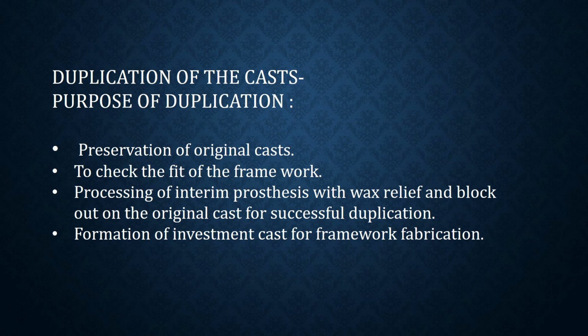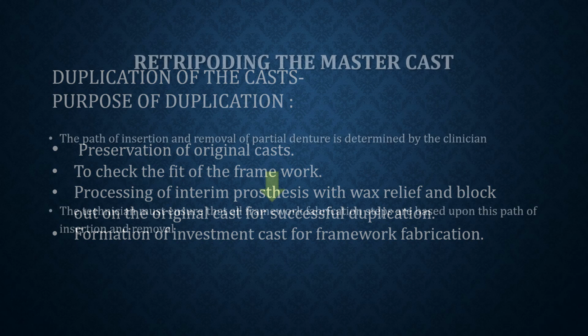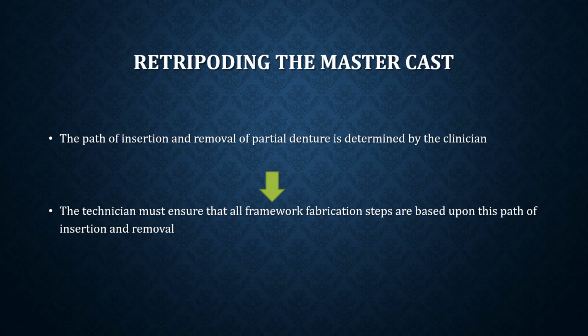If we have a duplicate cast, we can process the prosthesis and do blockouts, and then we will be able to fit it properly on the original cast. Formation of the investment cast for framework fabrication is done by the lab, so we do not do it here. Obviously all the procedures are followed and done properly.